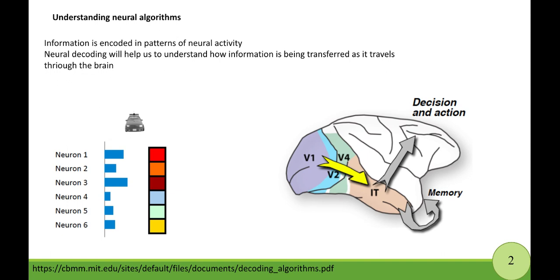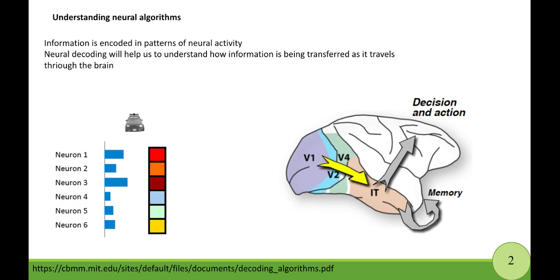So I'm going to give you an introduction of how this neural understanding happens. The information that our vision sensor receives when we see those objects is encoded in patterns of neural activity.